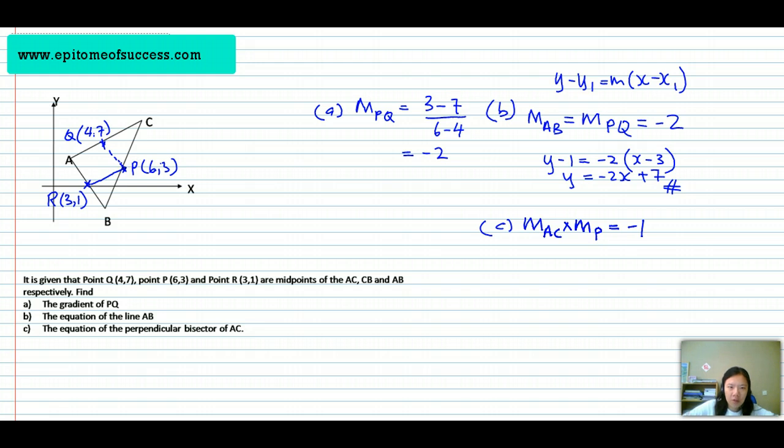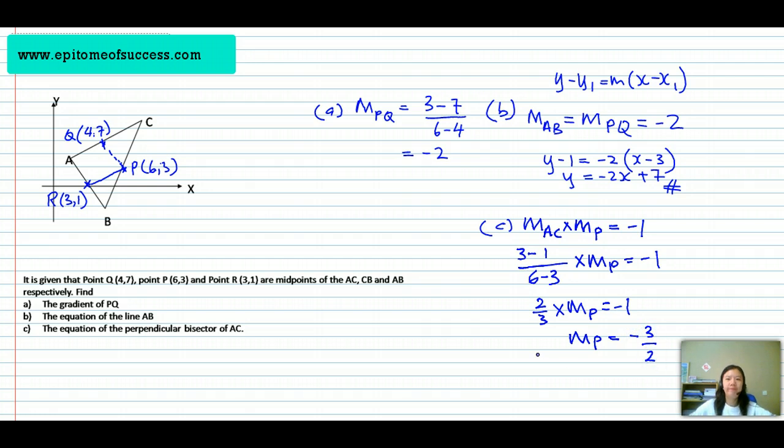Remember the characteristic within the triangle. So M of AC is M of RP, which is 3 minus 1 over 6 minus 3, times M of the perpendicular line, should equal -1. So this is 2 over 3 times M of the perpendicular line. So M of the perpendicular line is equal to -3 over 2.